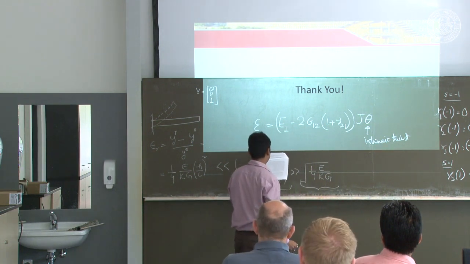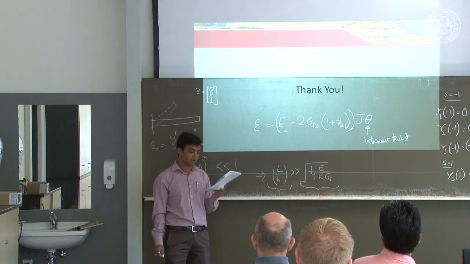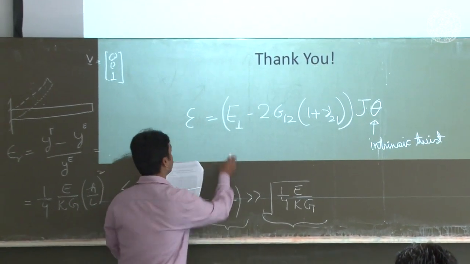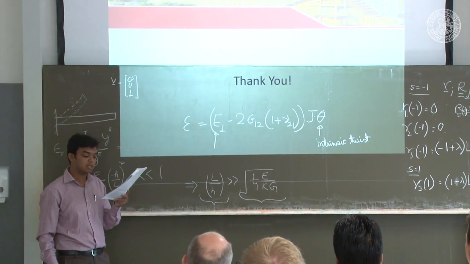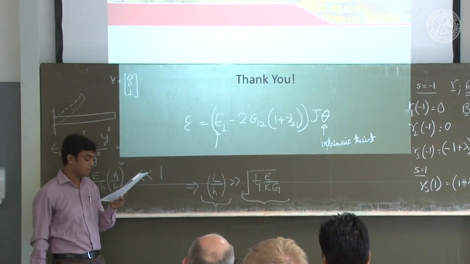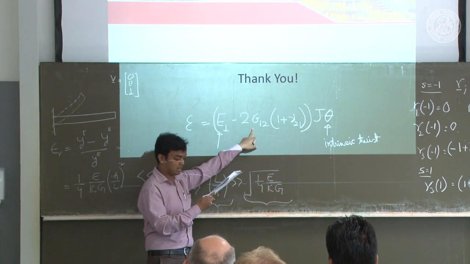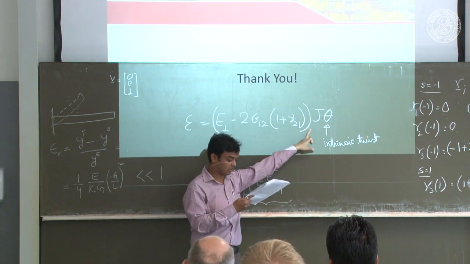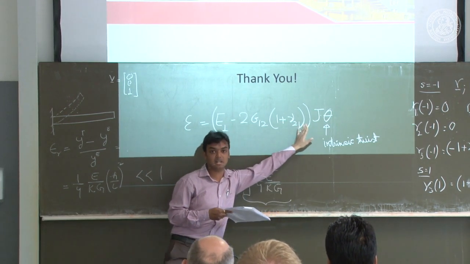This formula holds only for thin circular tubes made up of orthotropic material, and here E1 is the Young's modulus along the principal direction which the twist is about. G12 is the shear modulus and mu21 is the Poisson's ratio. J is your polar moment of inertia area.